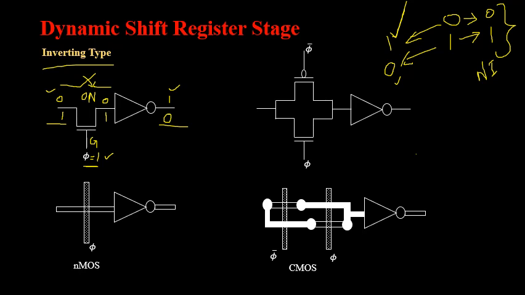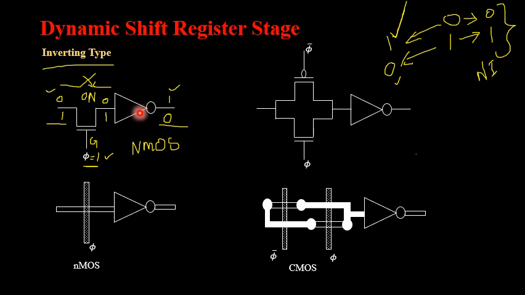So if I want the output exactly in the reverse manner to be stored, to be read, then it is called inverting type. This particular logic we are going to follow in terms of NMOS logic. Only NMOS transistors I have used over here. So here I have used an NMOS transistor, then cascaded it with the NOT gate.